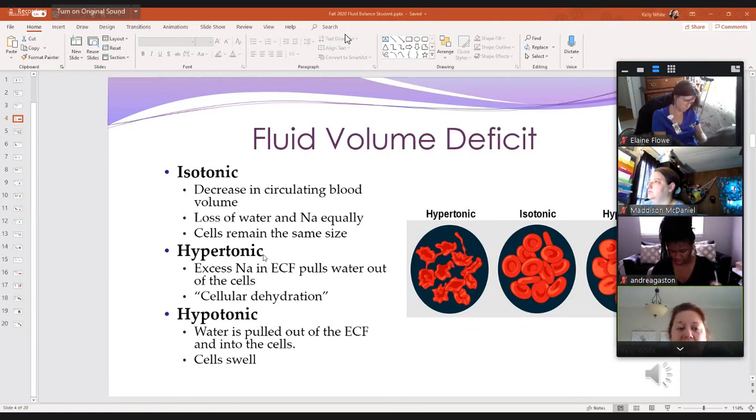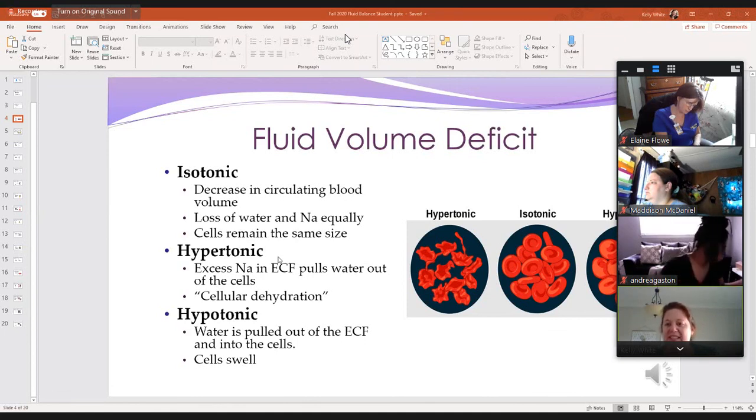So then with your hypertonic, that's when you have more salt. You have more salt in the outer portion, it's outside the cell, and it sucks all that excess fluid that the cell should have in it. It sucks all that fluid out and makes that cell shrivel up.